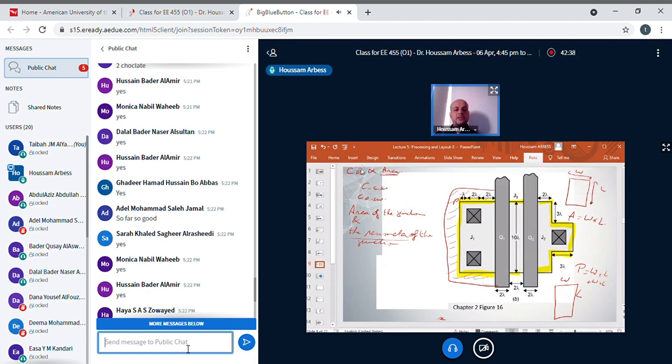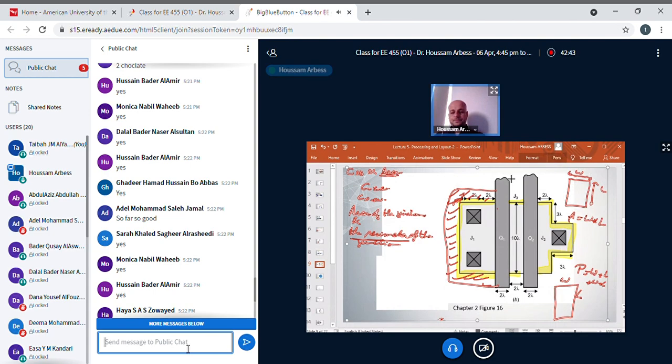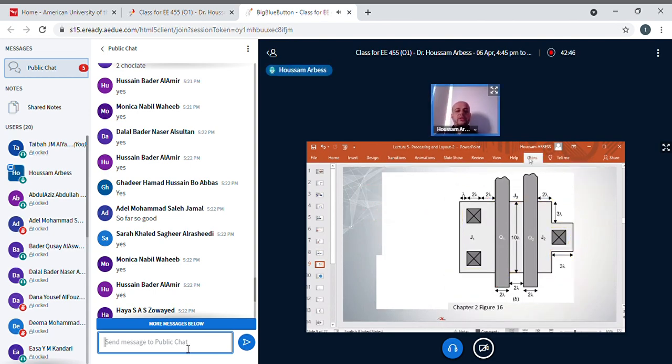So here they told us that lambda equals 0.2 micrometer, and they need us to calculate the area of J1, the area of J2, the area of J3, then the perimeter of J1, the perimeter of J2, and finally the perimeter of J3.